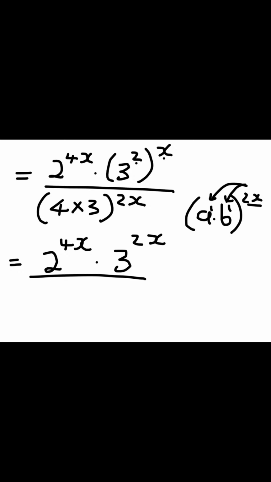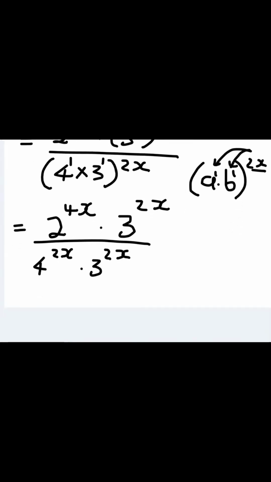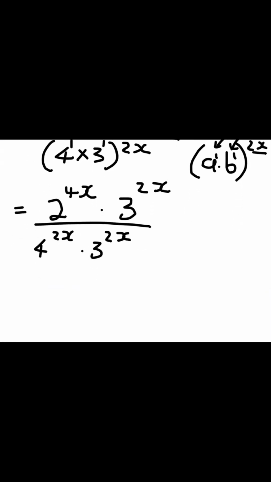So in other words, you have 4 to the exponent of that invisible 1 multiplying 2x, which means you have 4 to the exponent of 2x, because 1 times anything is the same as anything. Again, you are having that 3 where you are having that 2x. So you see, I've changed from the multiplication sign of cross to the dot, because it is easier to deal with the one where you have a dot.